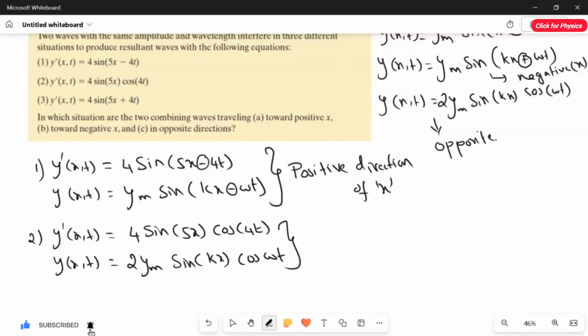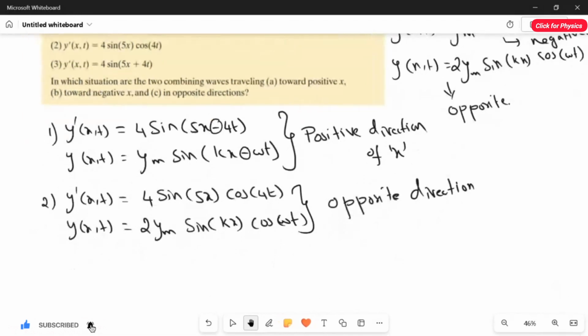So let's compare this equation. This equation tells us the two waves are moving in opposite directions. That means the second equation is moving in the opposite direction. Clear?